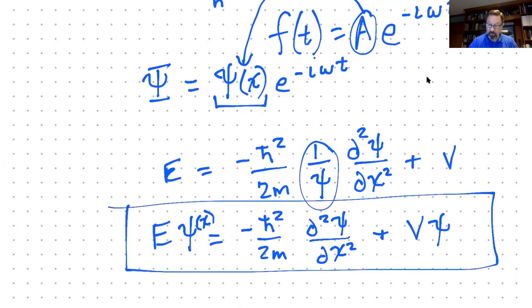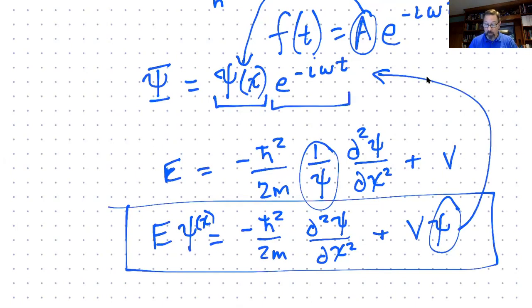If you solve it, it should reveal for you what the wave function is. If you want the total wave function, you always just have to multiply by e to the minus i omega t.